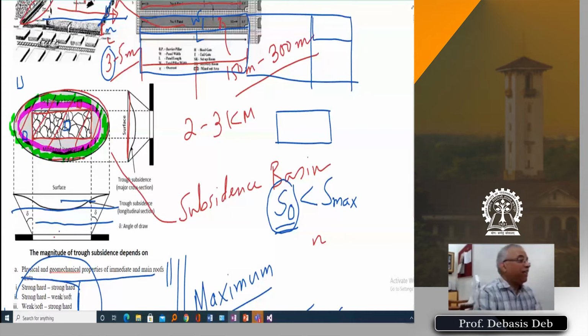Even if they are inside the subsidence basin, they will still be safe because they have maintained the building standard of 0.5% horizontal strain. So even if there is a building or a structure, we hope nothing will happen due to this subsidence. That's why it is called critical.